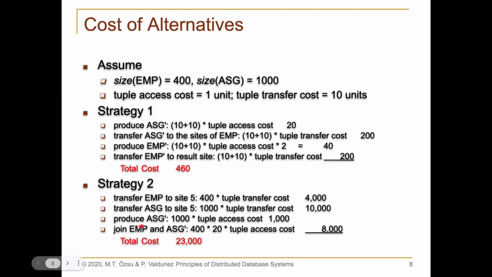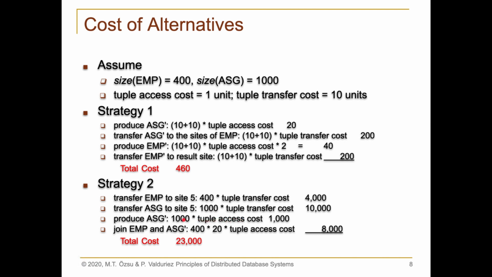The third operation here is producing assignment prime by applying primary horizontal fragmentation on assignment relation. Producing assignment prime requires access to at least n number of tuples, where n is the size of the fragment. For that purpose, the cost of producing assignment prime is calculated as the number of tuples of that relation times tuple access cost.